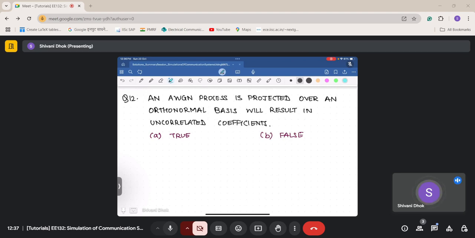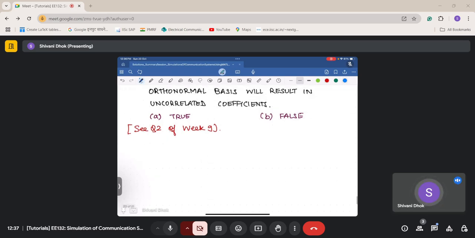Okay, so the next question is: an AWGN process is projected over an orthonormal basis, which basis will result in uncorrelated coefficients? I have taken this question in week 9, see question 2 of week 9, but still I'll do it here. That's not a problem.